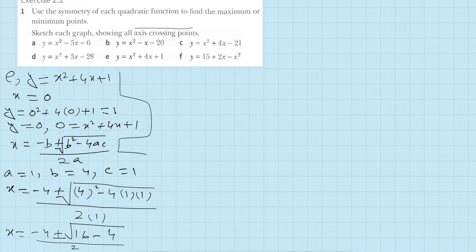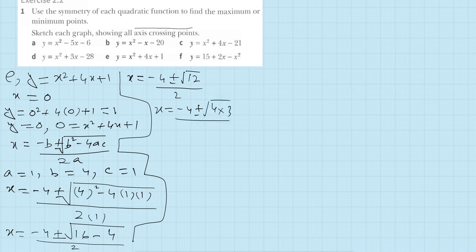Next, simplify it. So x equals minus 4 plus minus root of 16 minus 4, which is 12, upon 2. x equals minus 4 plus minus root of 12, which is just like 4 into 3, upon 2. x equals minus 4 plus minus, what is the square root of 4? 2 root 3 upon 2.